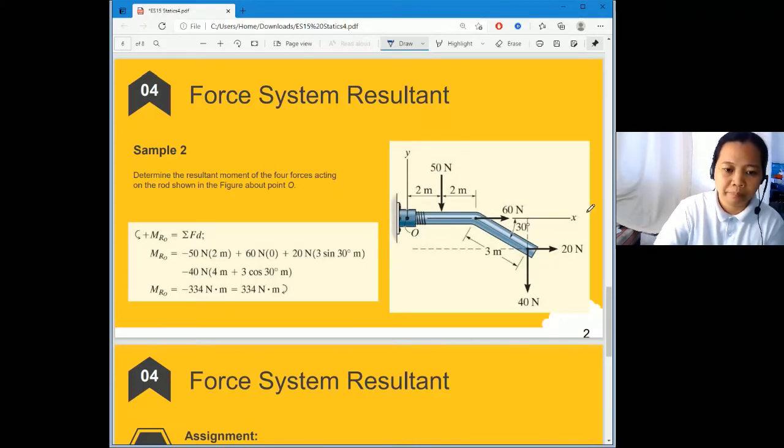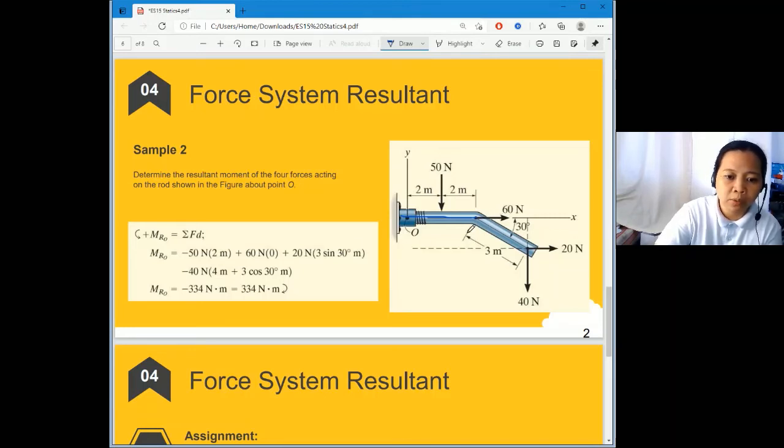So it has no perpendicular distance, right? Since this force can be translated to pass exactly through point O, there is no distance. And then let's consider the 20 Newton force, this one. If this is 3, and this is the opposite, we will use sine.